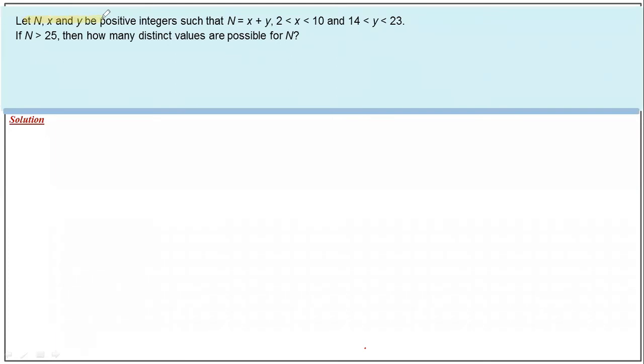Let n, x and y be positive integers such that n equals x plus y, and 2 is less than x, which is less than 10, and 14 is less than y, which is less than 23. If n is greater than 25, how many distinct values are possible for n?